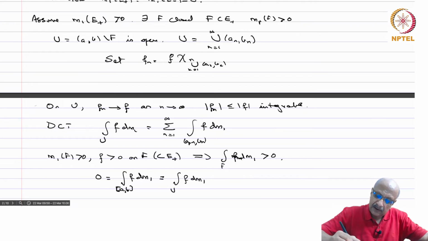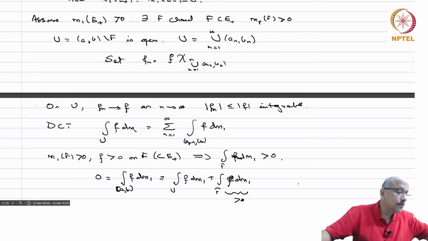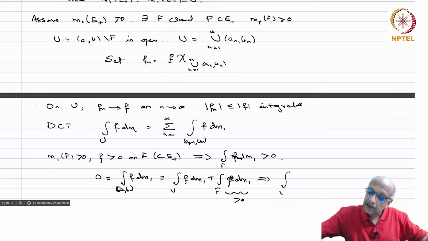plus the integral over F of f dm1, where the integral over [a,b] is the same as the integral over open (a,b). And this one is strictly positive, and therefore you have the integral over U of f dm1 cannot be equal to 0.